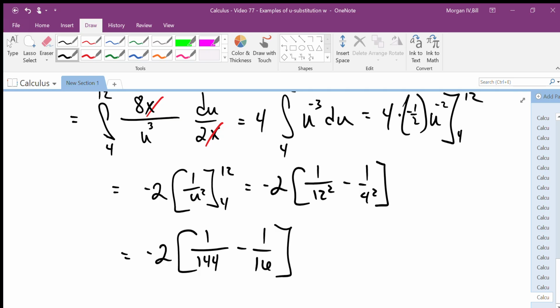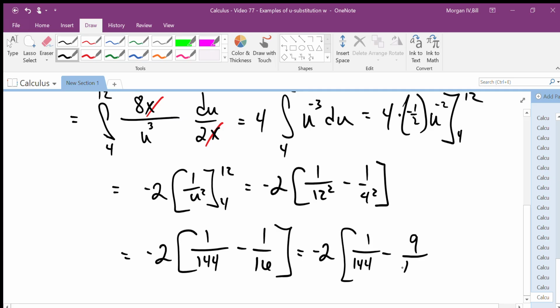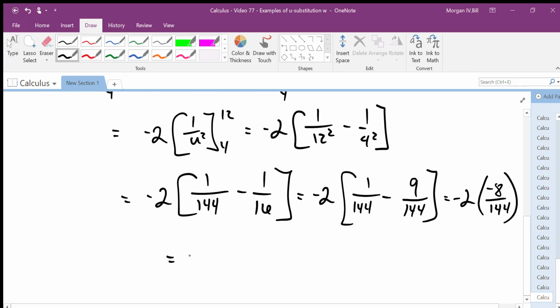Let's see, 16 times 9 is 144, so this is negative 2 times 1 over 144 minus 9 over 144. That's negative 2 times negative 8 over 144. That would be 16 over 144.